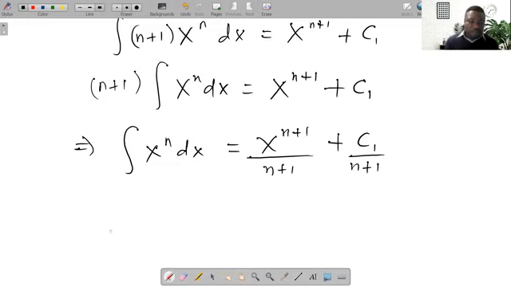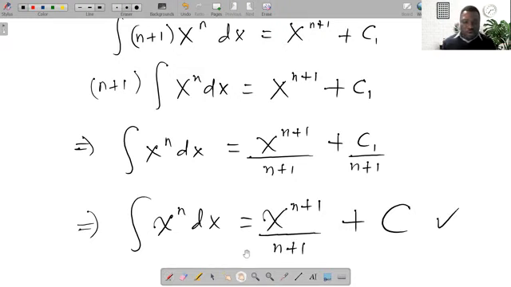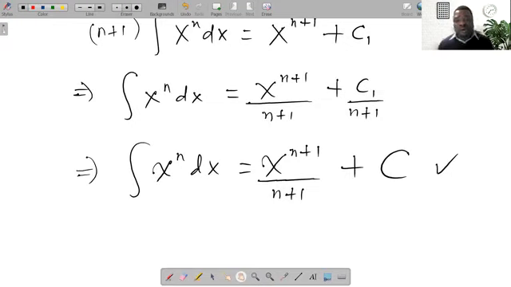Okay, so I can now do x to the n plus 1 over n plus 1, and then I'll just do this one as a big constant. This is what we call the power rule of the integral.